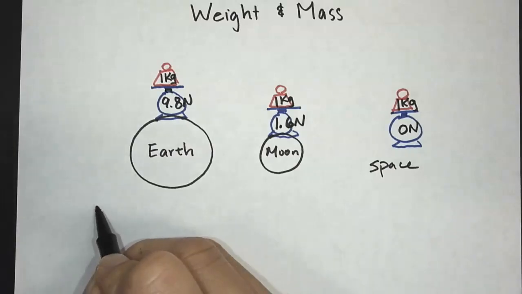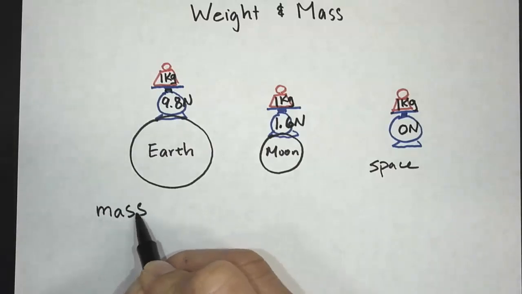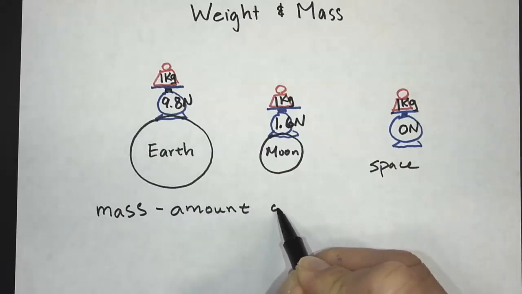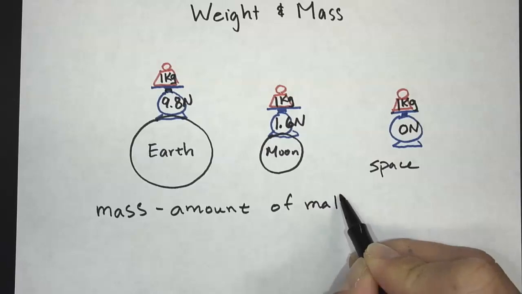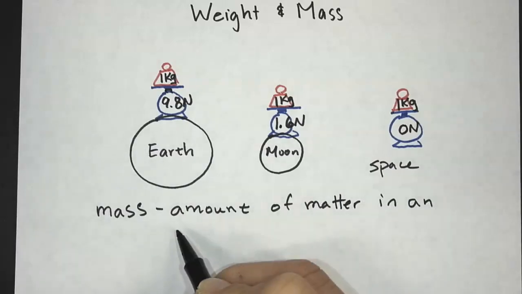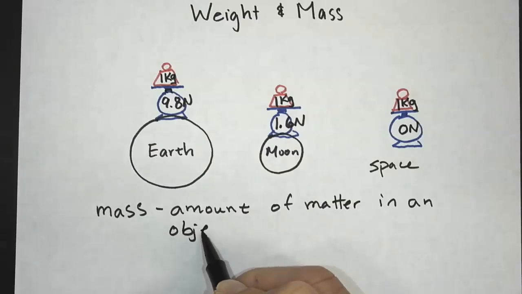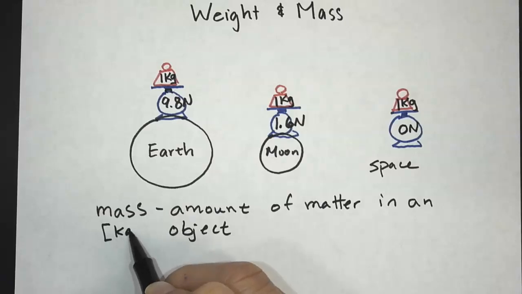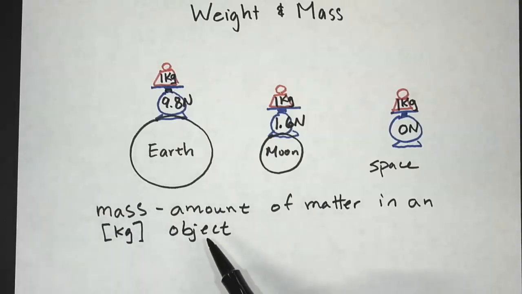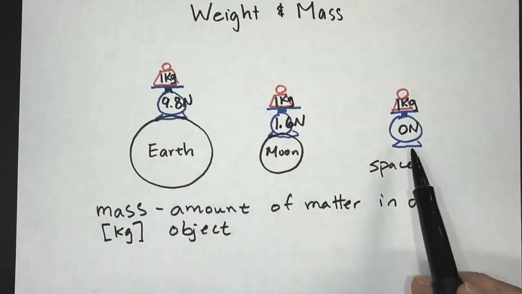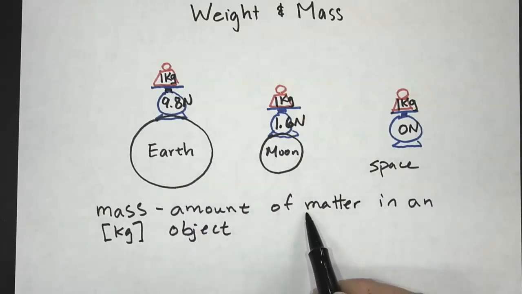So let's define mass first. Mass is the amount of matter in an object, and we measure mass in kilograms. Whether the mass is on Earth or on the moon or in space, it has the same amount of matter.